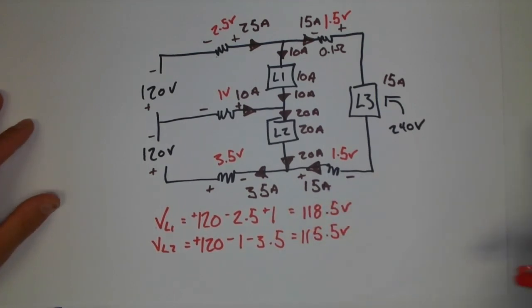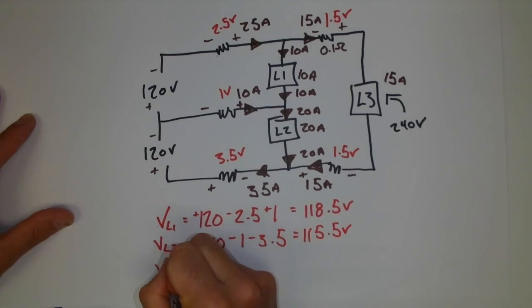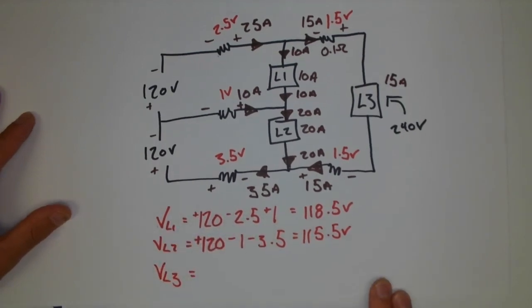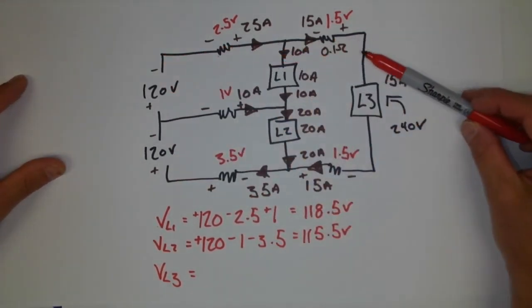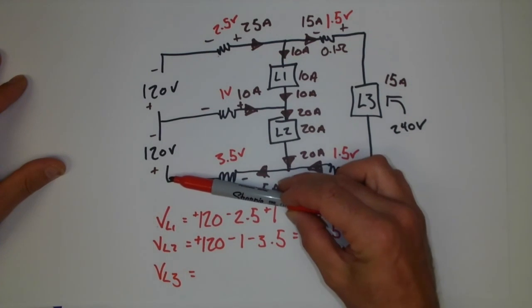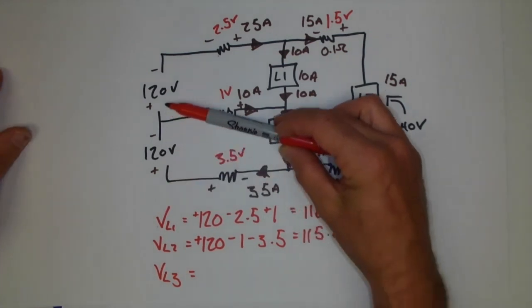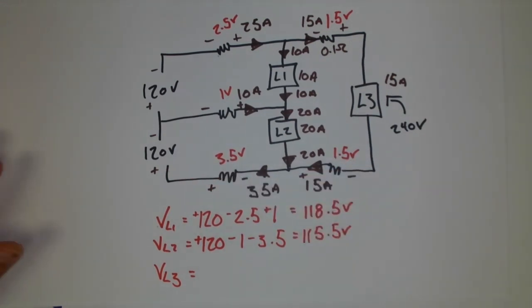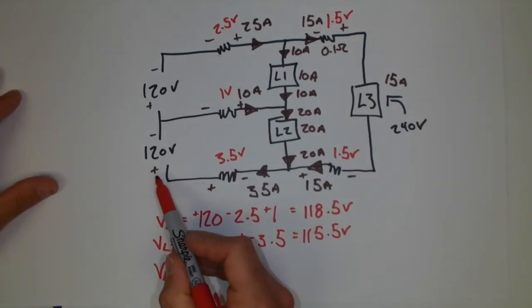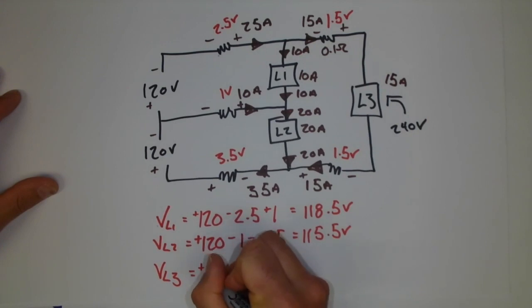For the last load, you really have a choice. So voltage of load 3. The voltage of load 3 you could calculate by doing a complete perimeter run along the circuit, as in the exterior lines of the circuit. We could do that. And in that case, it would be positive 120 and positive 120.